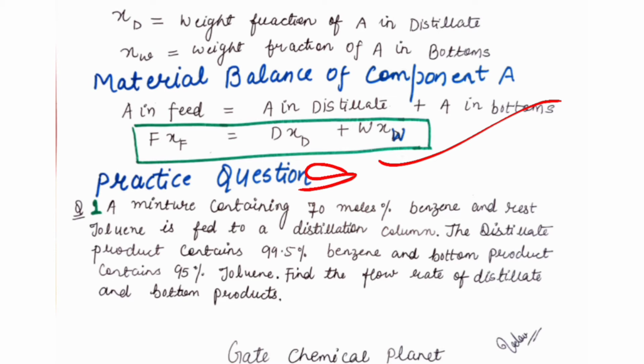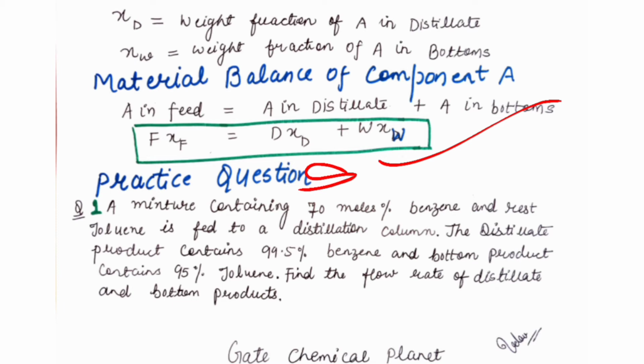The distillate product contains 99.5% benzene and the bottom product contains 95% toluene. Find the flow rates of distillate and bottom products. So in this question, what is given? A mixture containing 70 mole percent benzene, and the rest is toluene, so 30 mole percent is toluene.